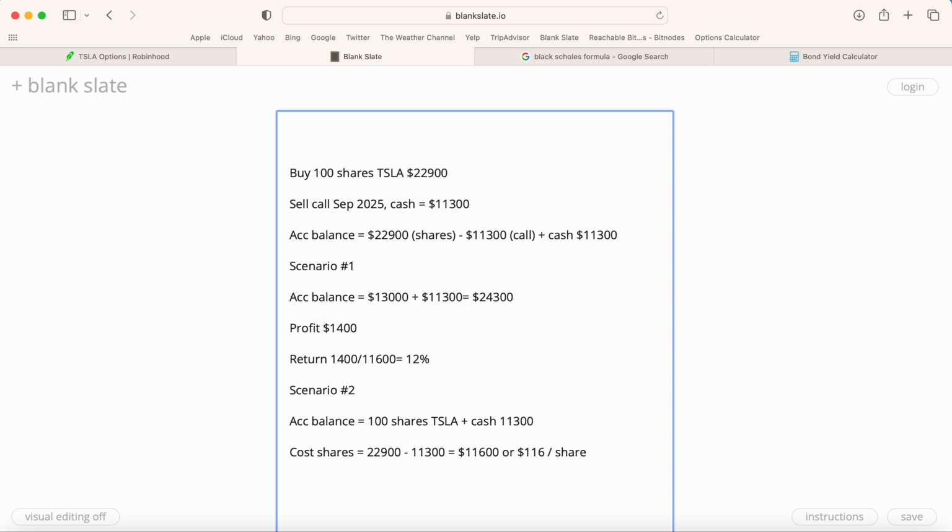And there you have it. That is our cost basis for the shares. Now, from here on, if you still think that you want to be a holder in Tesla, you will just wait until the shares go up in price again. This is why we wanted to basically select a strike price where we think that the company is fairly valued.